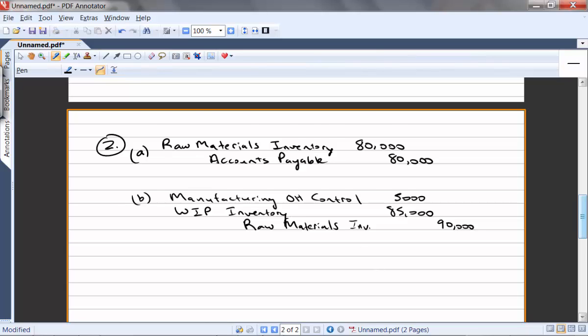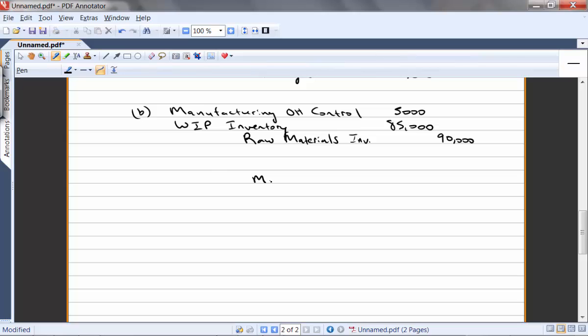Debits to the manufacturing overhead control account represent actual overhead, and credits to the manufacturing overhead control account represent estimated overhead. I need to go ahead and make this account since we don't have it yet. It's closed out at the end of every period, so it doesn't have a beginning balance. Its beginning balance is always 0.